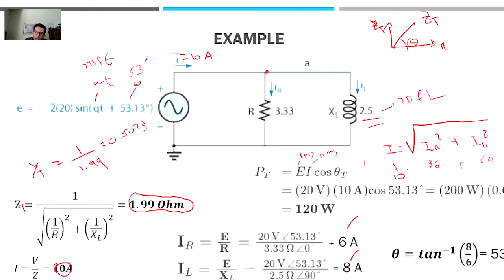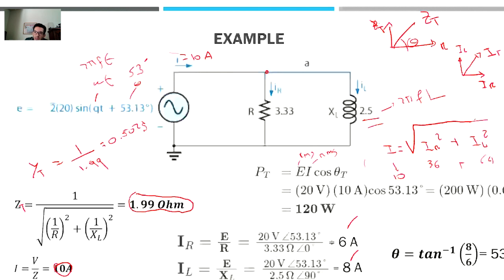This is because, as we said before, this applies for the current as well. You get the real contribution of the current through the resistor, and an imaginary contribution of the current through the inductor. This total current is the actual current coming from the source, which is 10 amps. So this vector is 10, and it's computed like this.